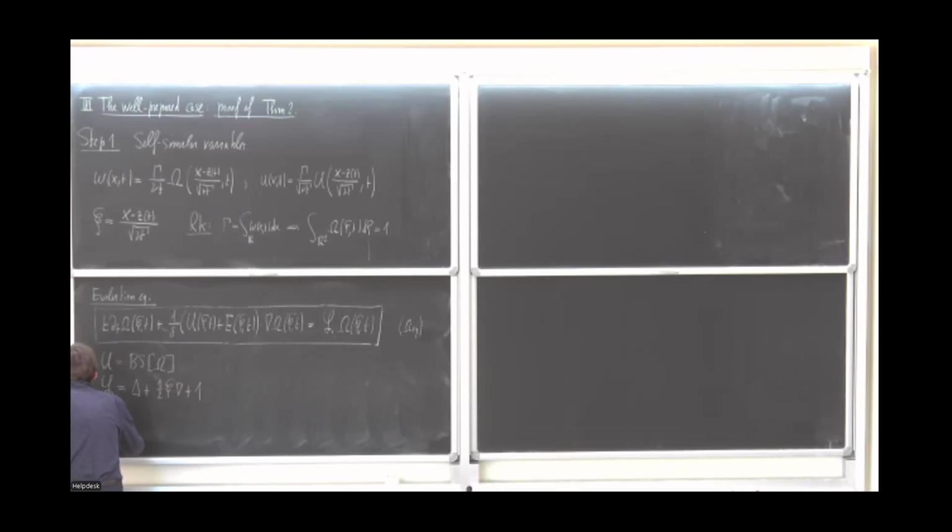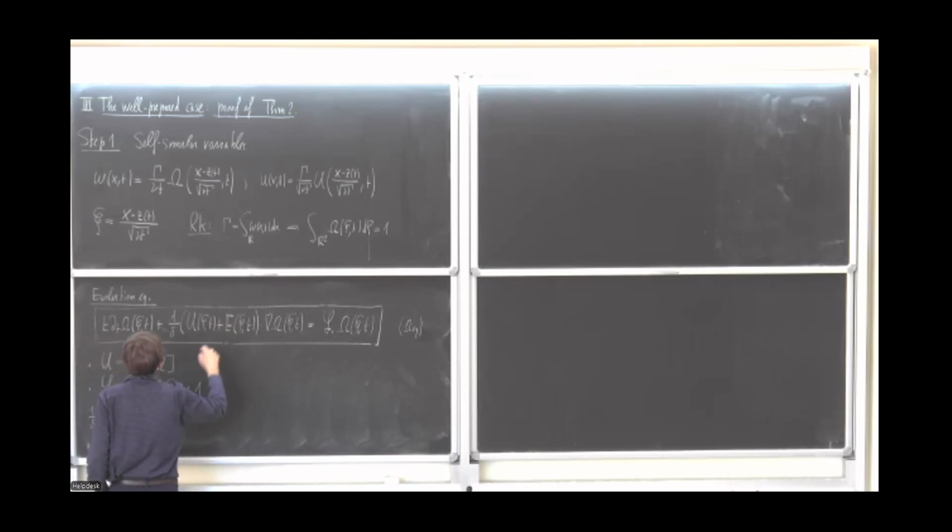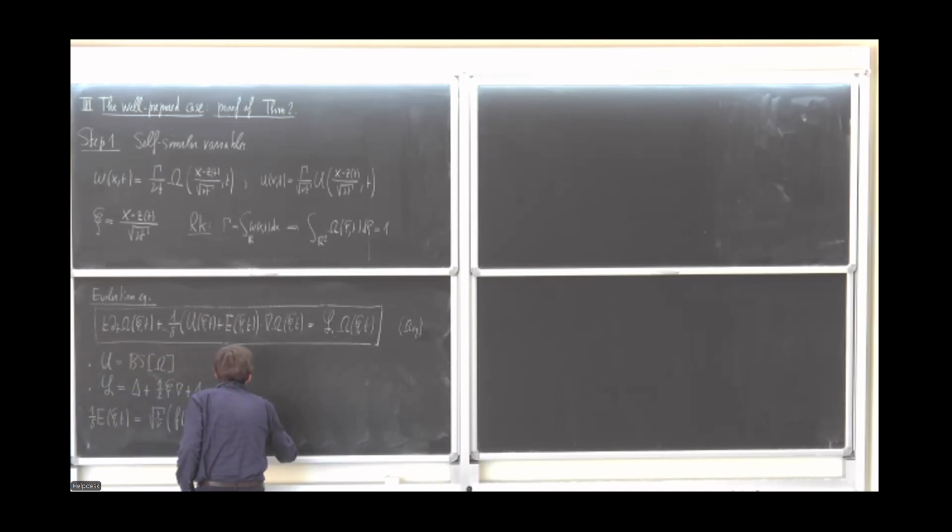And now what is E of psi, t? This is essentially the effect of the external field. So E for exterior or external field. Let me try to write the expression in the simplest possible way. So if I write 1 over delta times E, which is what I have in the equation, this is in fact square root of t over mu times F of z(t), t plus square root of mu t psi, t minus z prime of t.